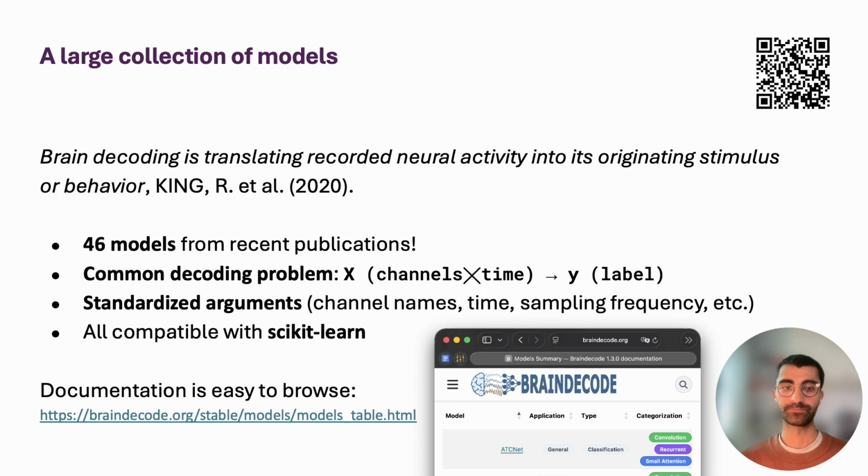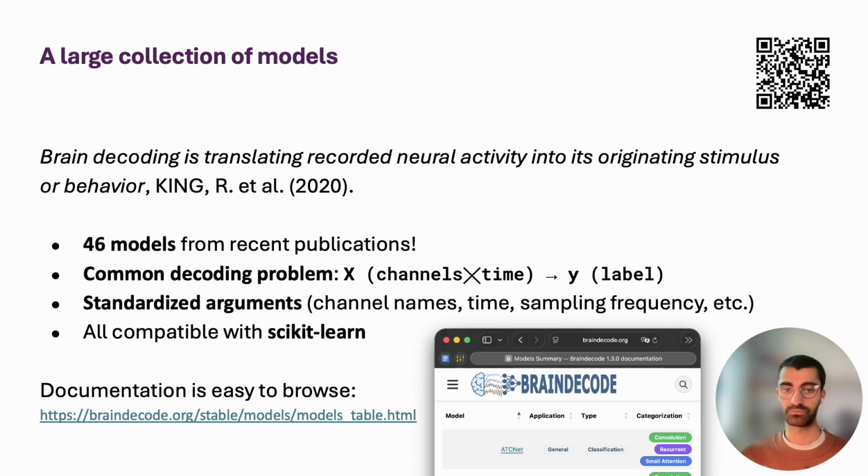And thanks to this common assumption, we have, for all the models, standard arguments such as the number of channels, the number of time points, the sampling frequency. And all the models are able to receive the exact same argument with the same name. So we have a common framework, and you can just swap one model for another one.